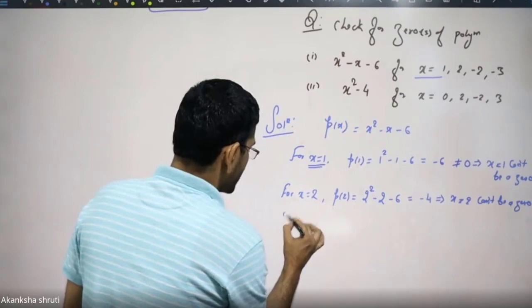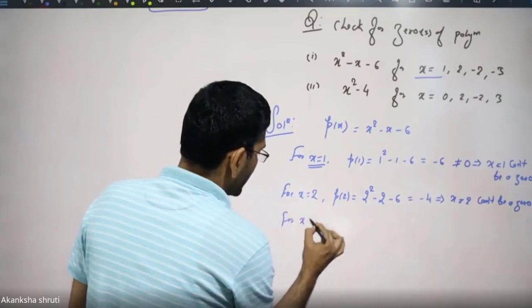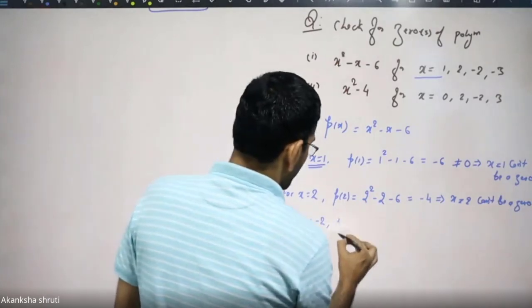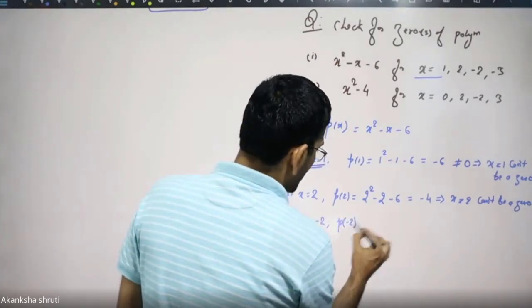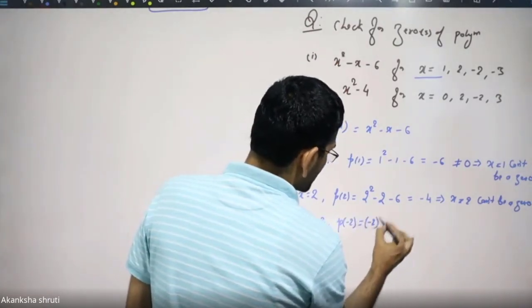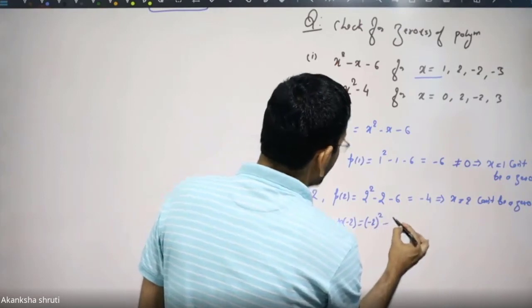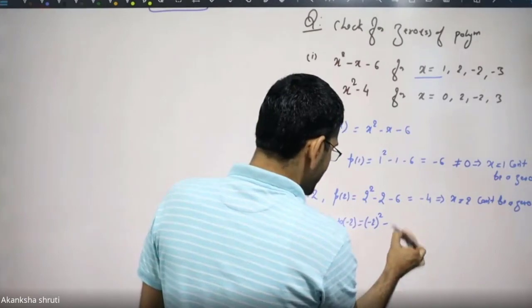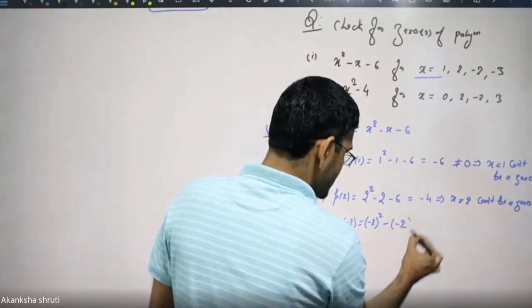Let us take x equals minus 2, so P(-2) is (-2) squared minus (-2) minus 6. The minus sign is there, but the x itself is minus, so put minus 2 again.